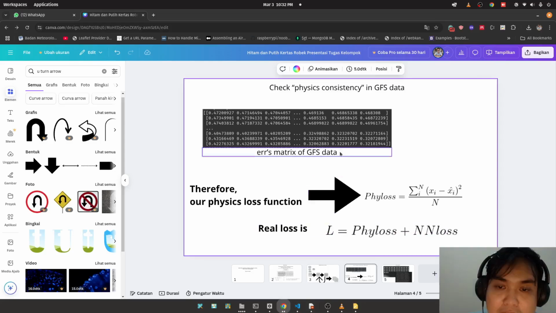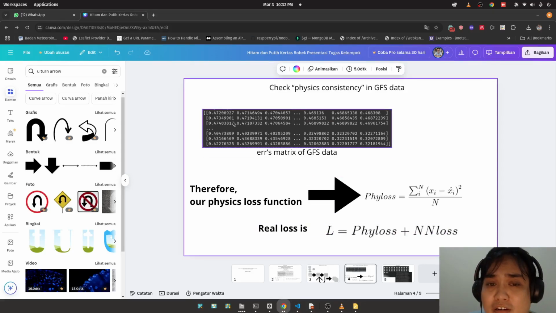From that I got this matrix, and as you can see here, they are not really zero. Instead, it's 0.5, 0.4 in here, 0.3, and so on.